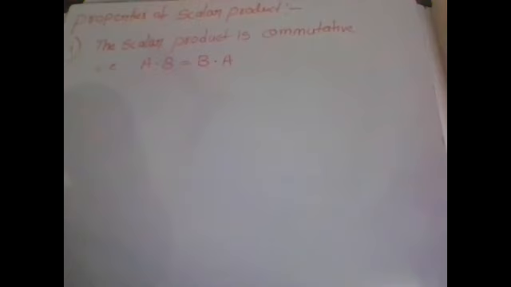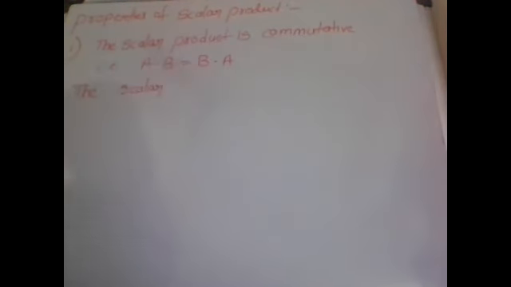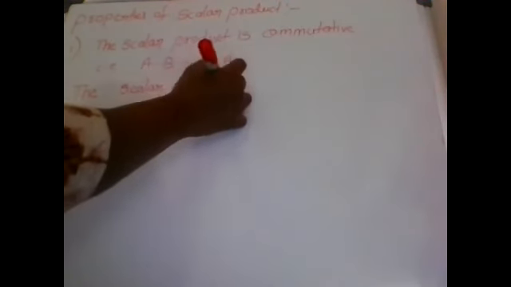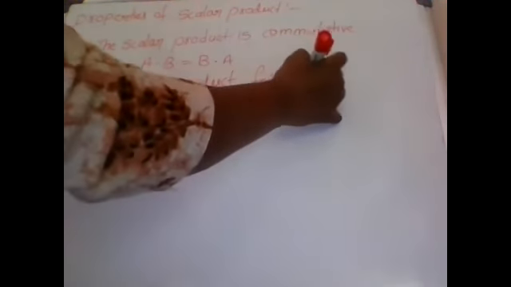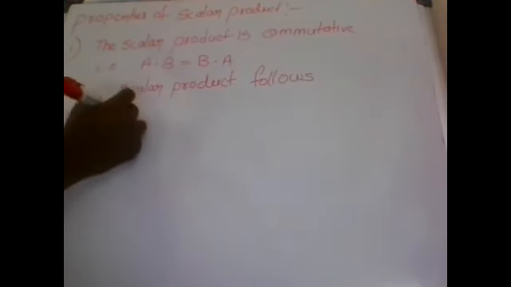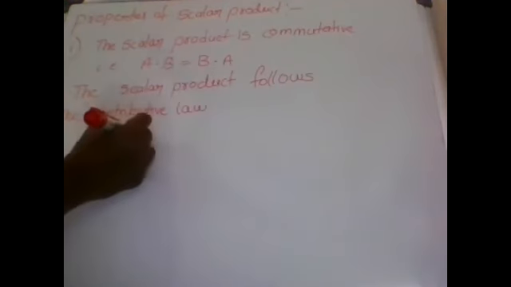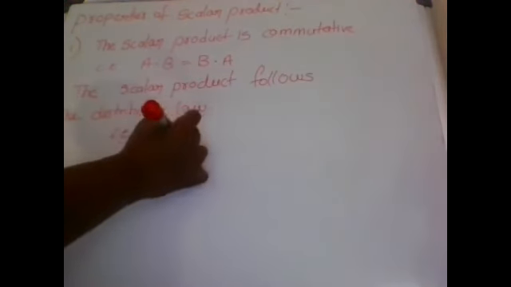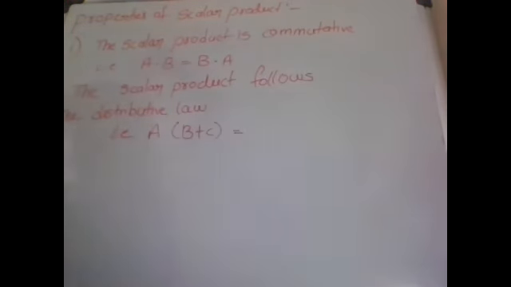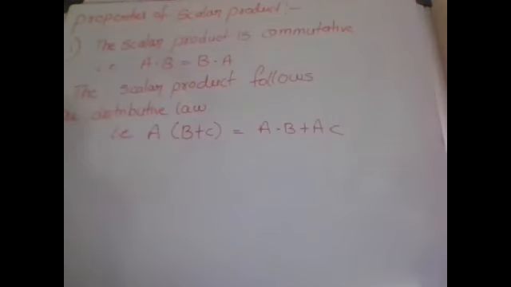Next, the scalar product follows the distributive law, that is A dot (B plus C) equals A dot B plus A dot C. So what is the first property?